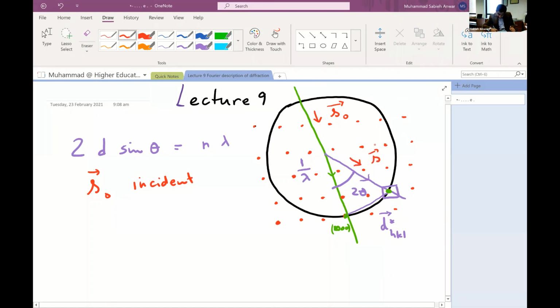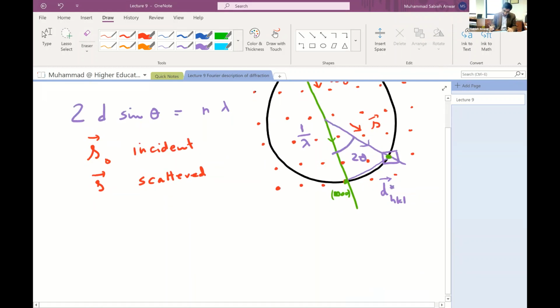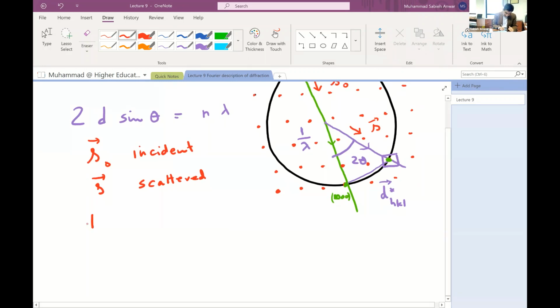Let's call this S. S is the scattered direction, again a unit vector. And the third vector that you see coming to life in this Ewald construction is the reciprocal lattice vector, d_hkl, where hkl defines the index of the reciprocal lattice point which intersects the Ewald sphere.